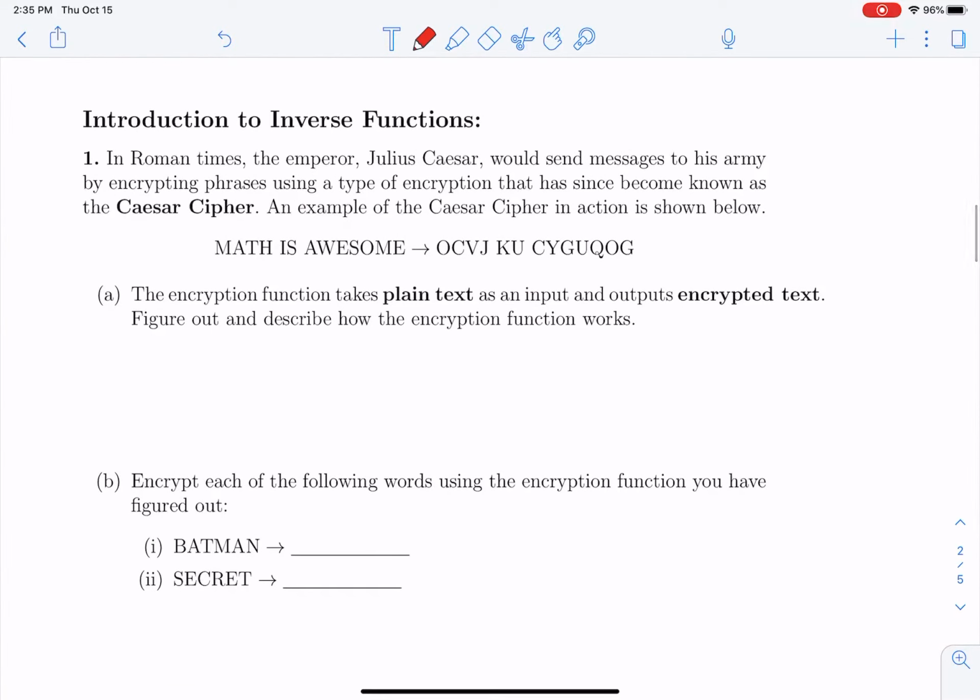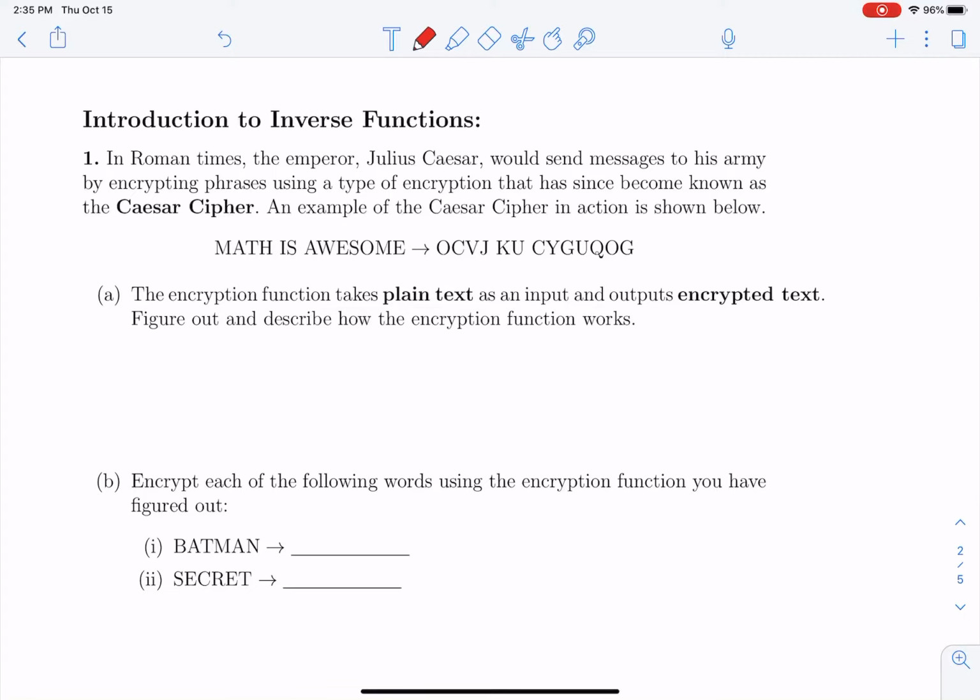All right, so let's take a look at this introduction to inverse functions as a way to understand what it is they do. In Roman times, the Emperor Julius Caesar could send messages to his army by encrypting phrases using a type of encryption that has since become known as the Caesar cipher. This is actually true.